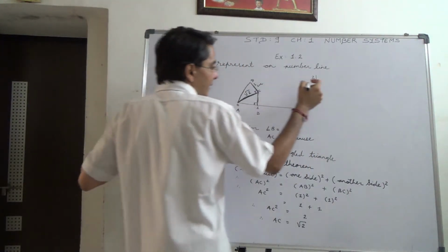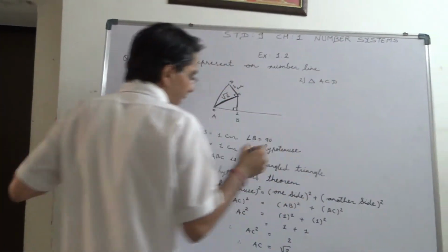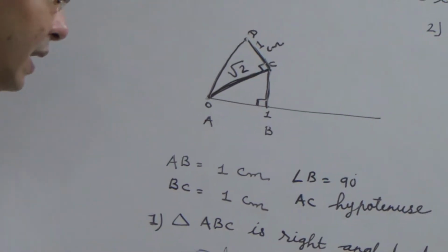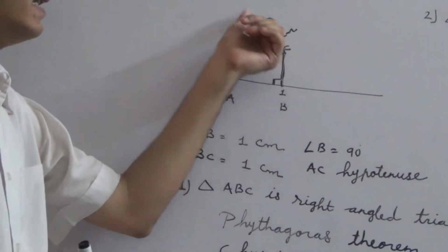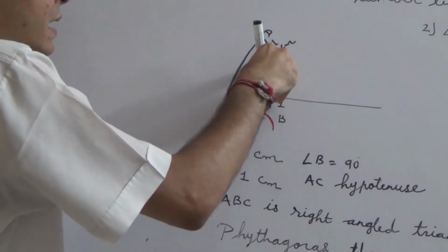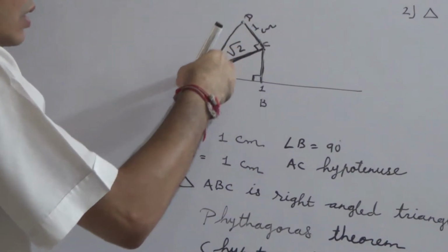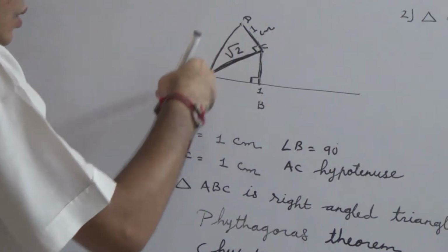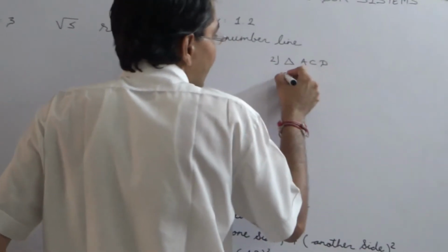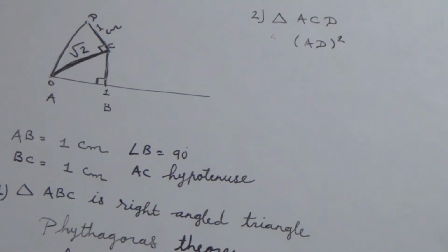If I consider triangle ACD, the same rule is applicable here, because triangle ACD is also a right angle triangle. Angle C is 90 degrees, so the opposite side of the right angle is also called the hypotenuse. So AD is the hypotenuse. Why do we take AD square?